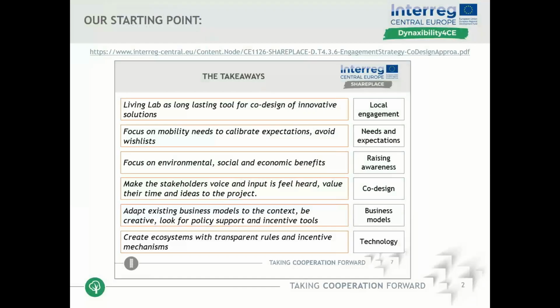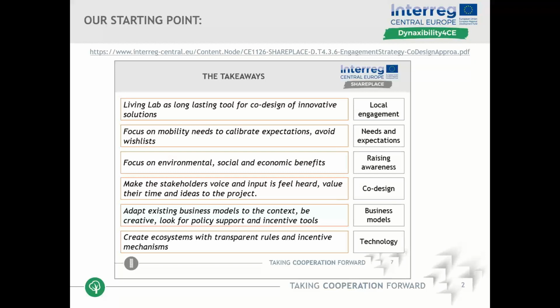Where did we start? When setting up the Dynaxibility project, which is a capitalization project, so builds on previous project outputs, for this specific element, we thought of moving from the experience of a previous project called SharePlace, which was dealing with shared and digitalized mobility within the same framework of the Interreg Central Europe. These are the takeaways of the engagement process and of the local engagement guidelines which SharePlace produced in 2019.